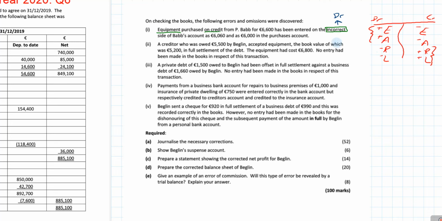So that's one of the mistakes. So that's just mistake one. Mistake two is that we put in the wrong figures. So 6,060 and a 6,000. Now, as well as that, this is equipment, and we said that equipment is a fixed asset.